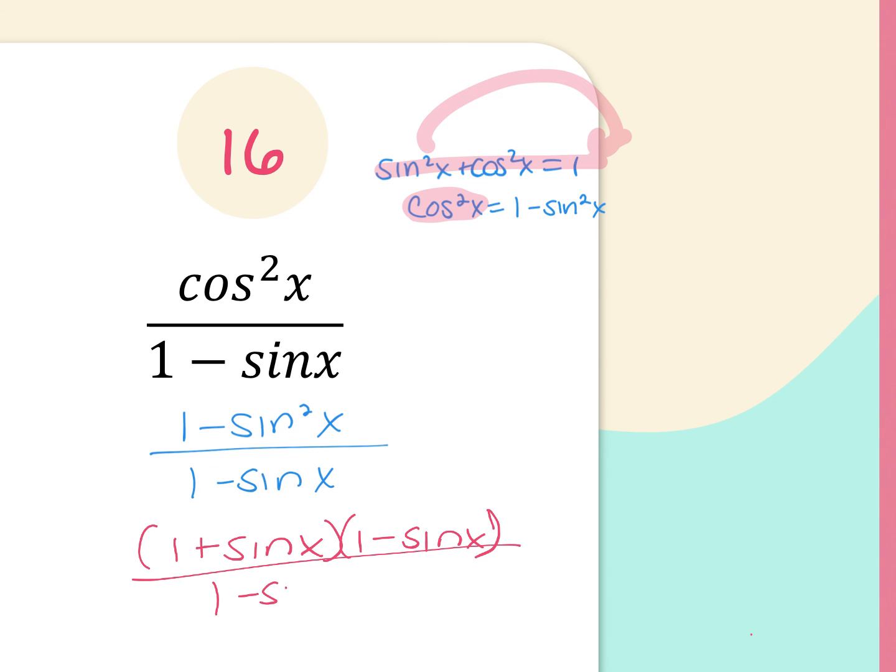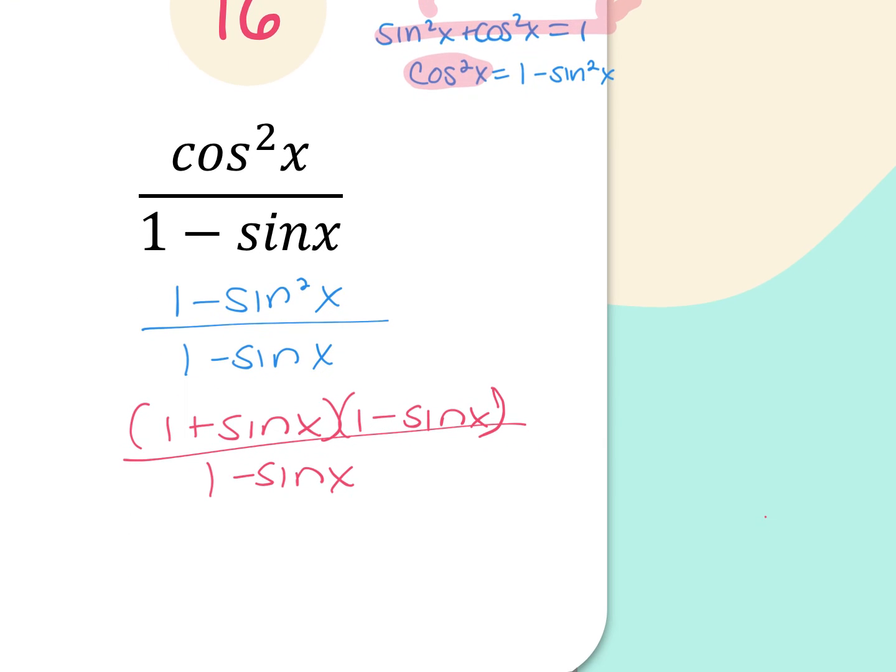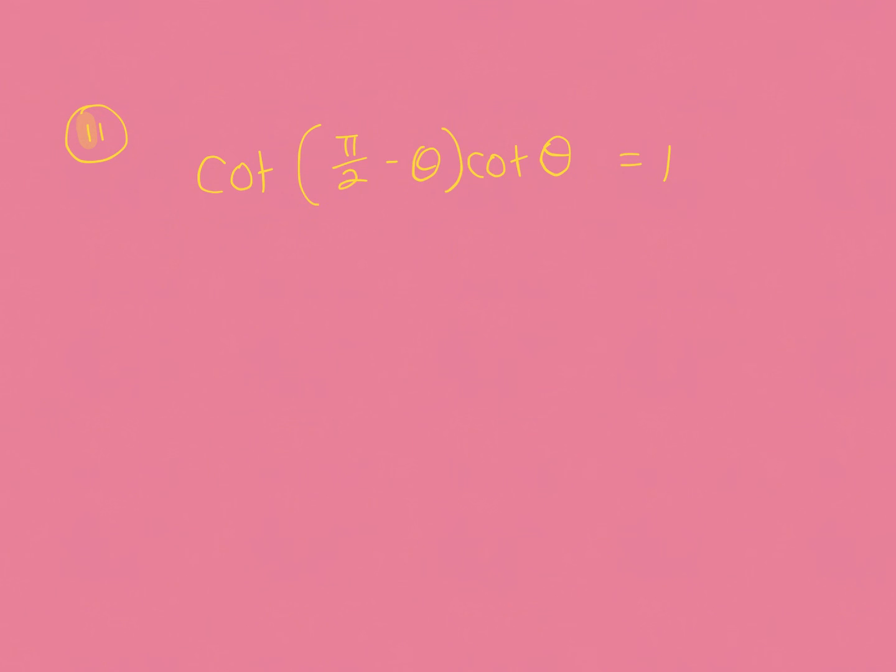Now do we see something we could do? Cancel. Yep. The step process here is to get it to equal 1, okay?